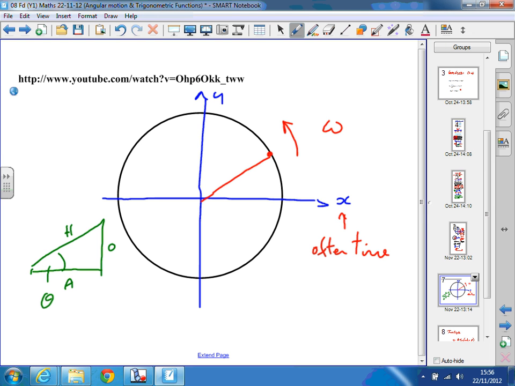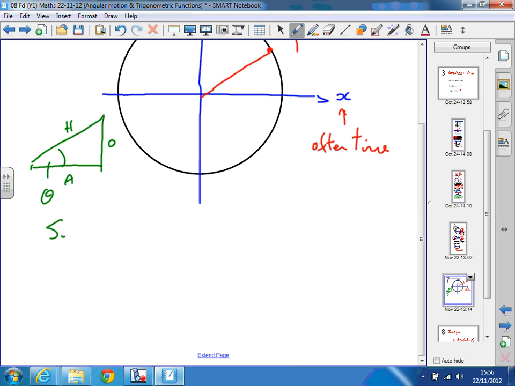Okay? Sine theta is the opposite over the hypotenuse. Cosine theta is the adjacent over the hypotenuse. Tan theta is the opposite over the adjacent.